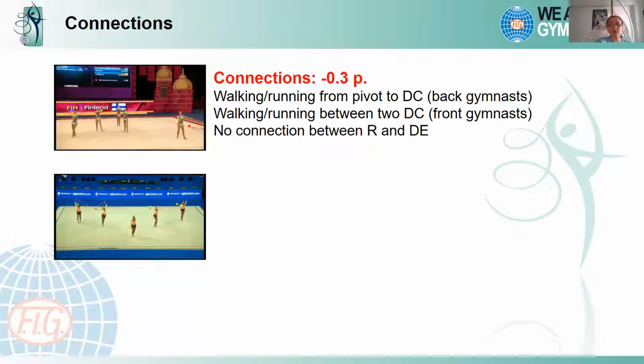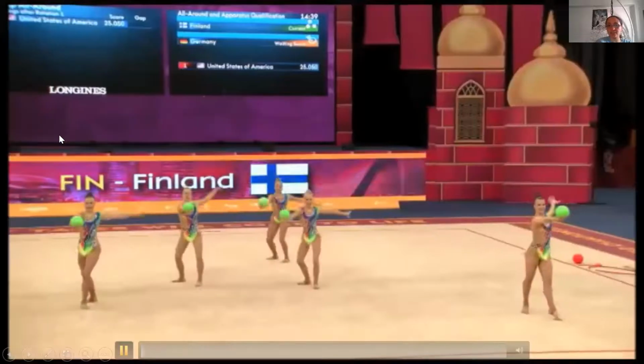Let's check walking and running from pivot to difficulty collaboration. Walking and running between two difficulty collaborations and no connections between the R and difficulty exchange. Let's check.